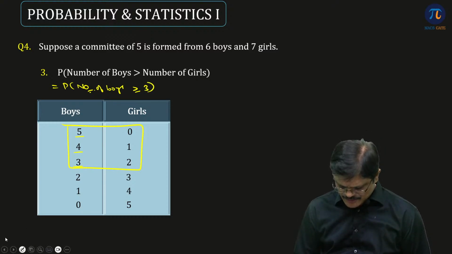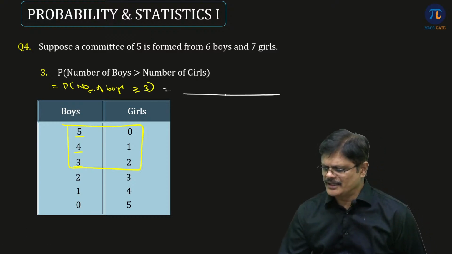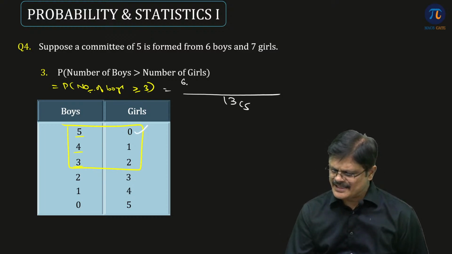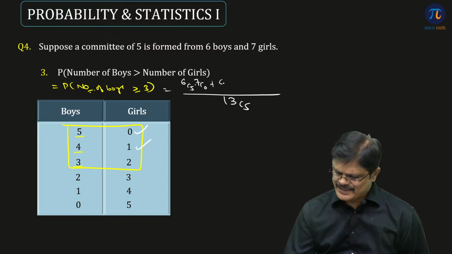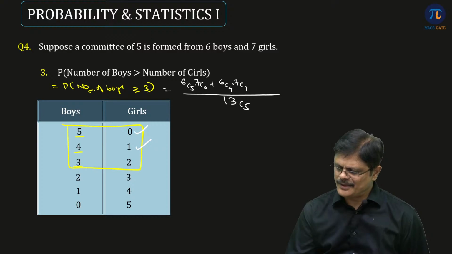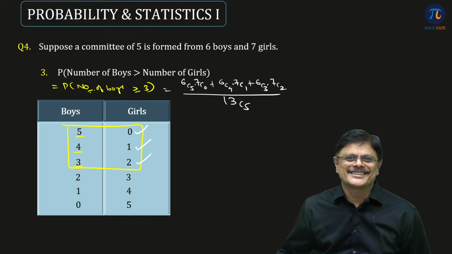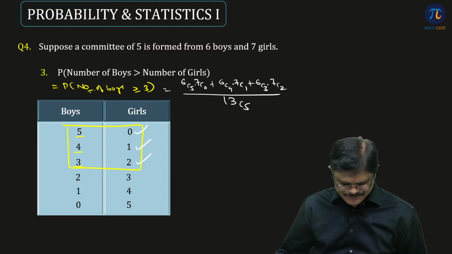You can directly solve it. Denominator 13C5. Numerator, this case: 6C5 into 7C0. This case: 6C4 into 7C1. This case: 6C3 into 7C2. Simplify to get the required answer. Am I clear?